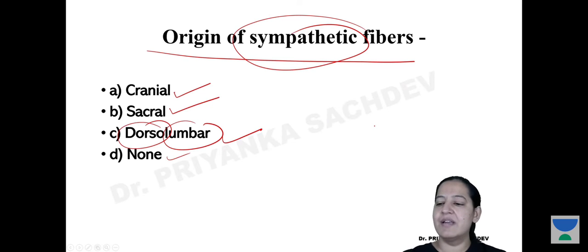Who will answer it? Rajat, Saurabh, Milind, anyone else? Varun, anyone, those who are listening here? Please answer me. I can't see other names. Anyone want to give me a try? What is the correct answer here? What is the origin of sympathetic fibers here?